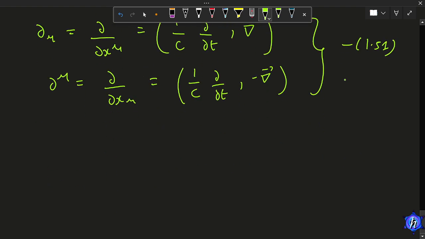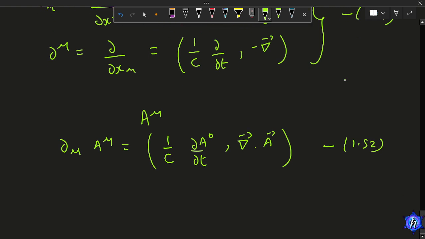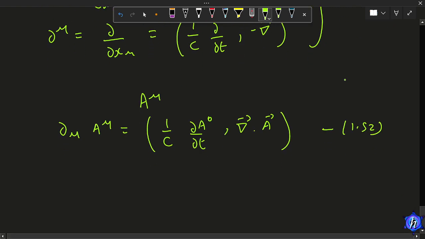So let's take some arbitrary vector, a mu, for example. I can operate this dou mu on this 4 vector. What I get is 1 by c dou by dou t a0 plus del dot vector a. This is equation 1.52.